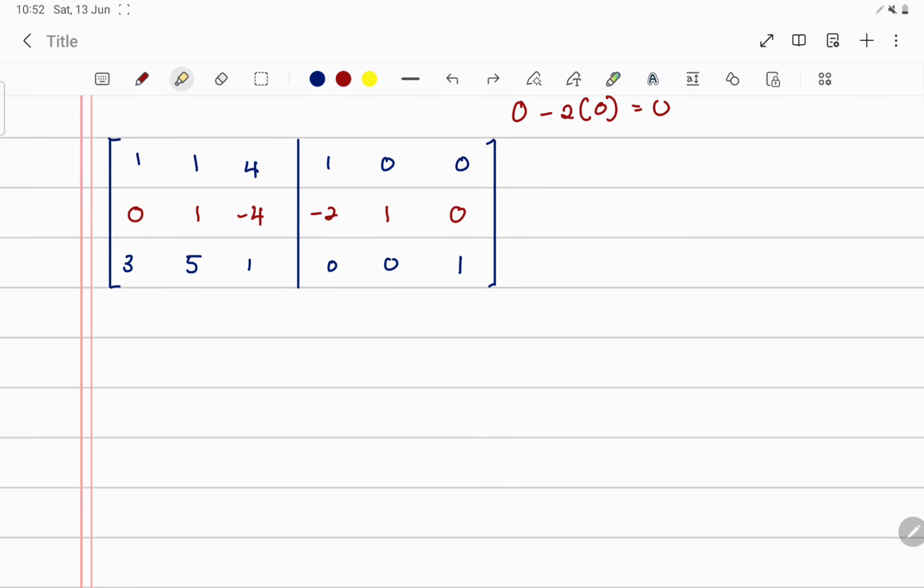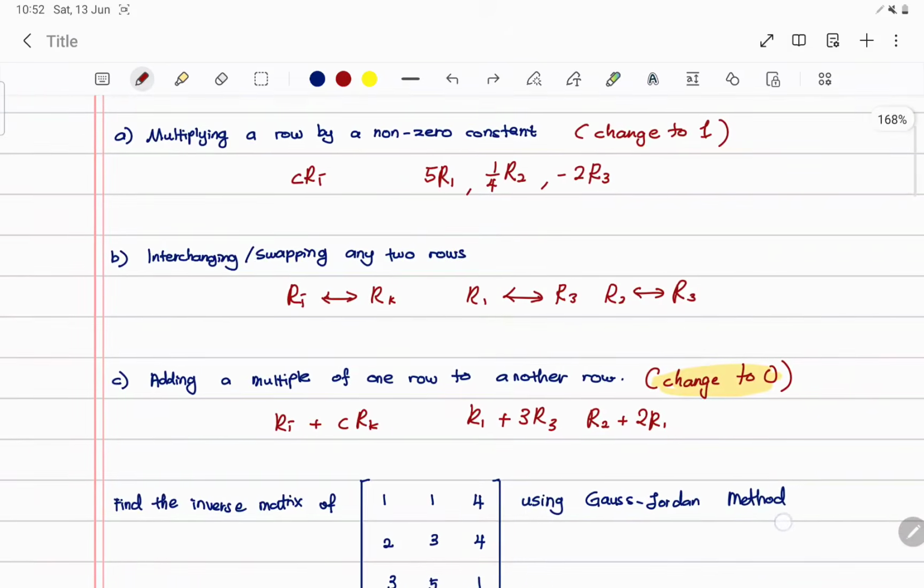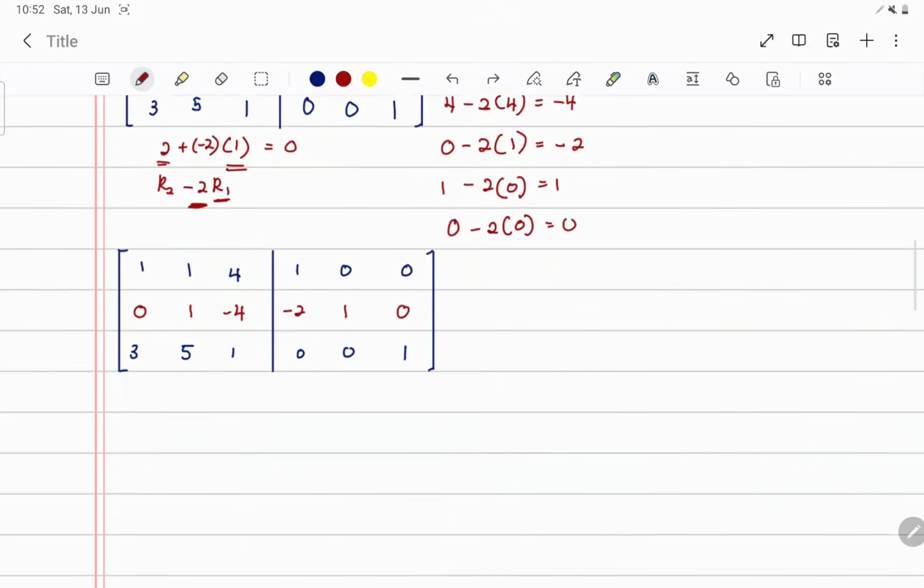Okay. Now we go to the next one where we have to change 1 0 0, right? By right 3 we also have to change to 0. So remember, if we want to change to 0, we have to go through the third rule, because third rule involve changing value to 0. So if you see, it involves plus, right? Addition.